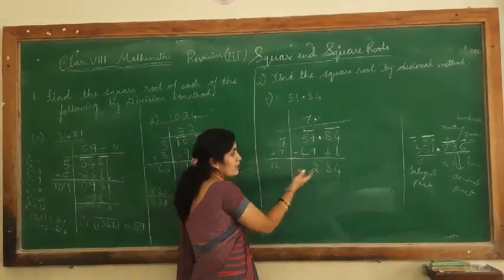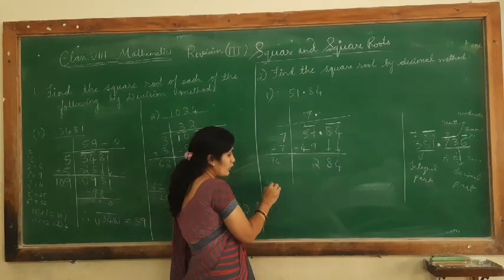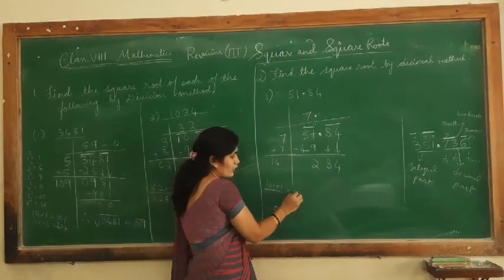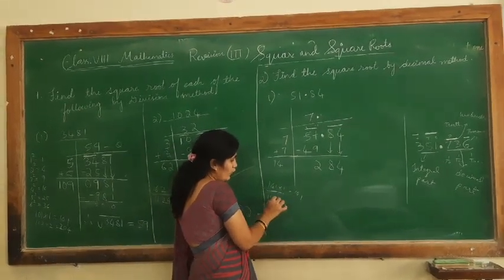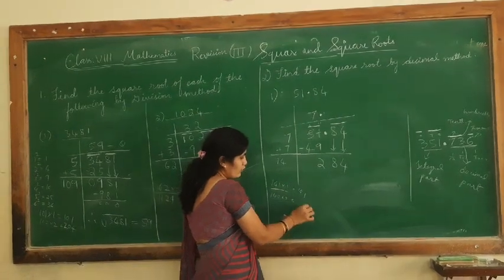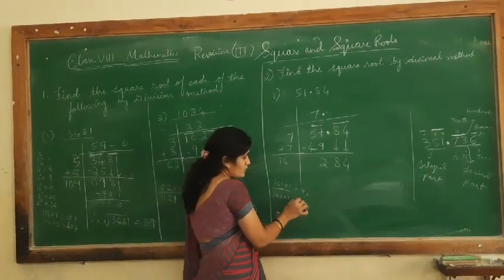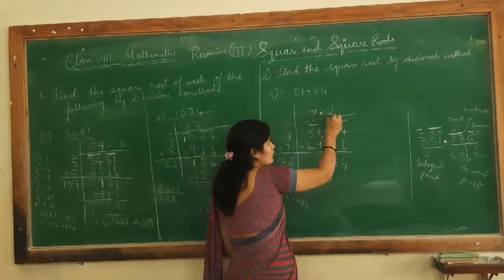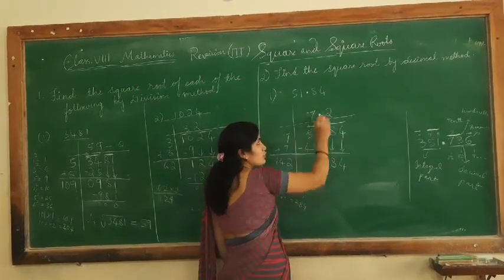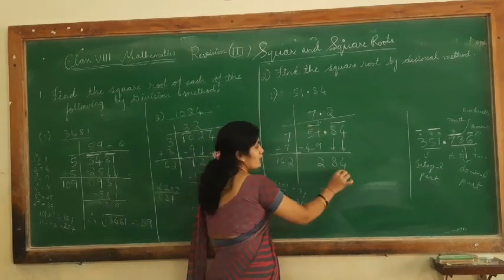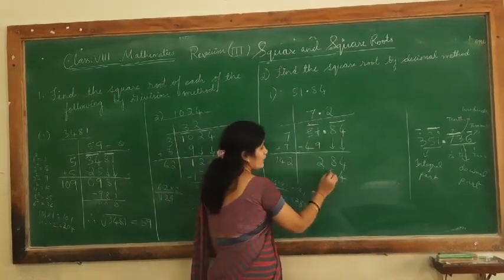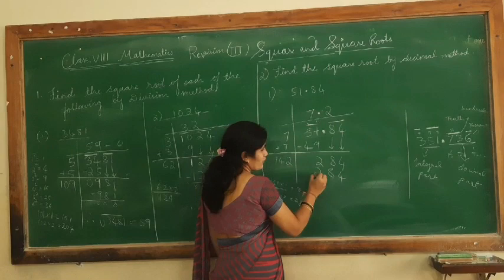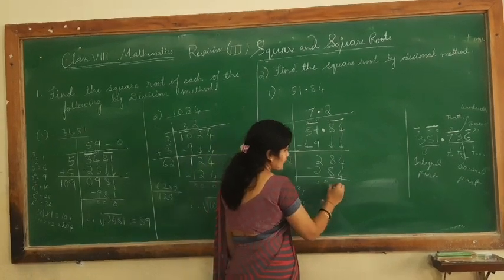And any number you take, you should multiply by the same number. That is 141 into 1 is 141. We cannot take that. 142 into 2, 2 2s are 4, 2 4s are 8, and 2 1s are 2. It will be 284. So 142 into 2, because the last digit should be the same. So here this is 0.